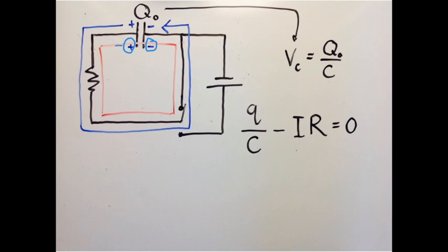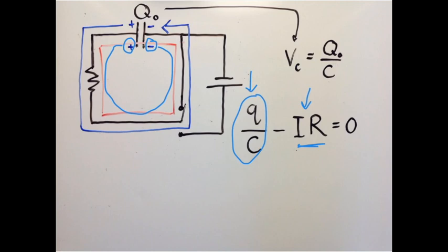Well, as a plus moves around this way and neutralizes a minus, now there is less charge on the capacitor. And so that means that this term here for the volts on the capacitor is going to keep getting smaller and smaller. The capacitor is the thing that is making the current happen. And so as the volts on the capacitor decrease, the current will decrease as well.